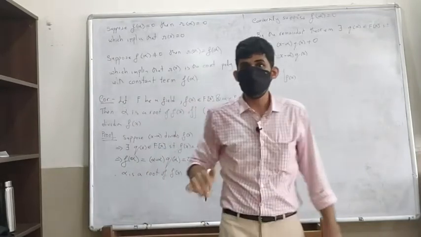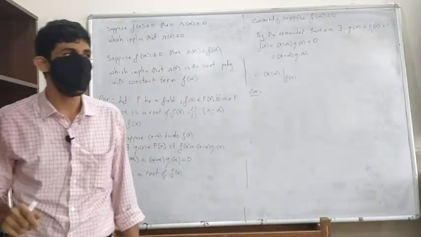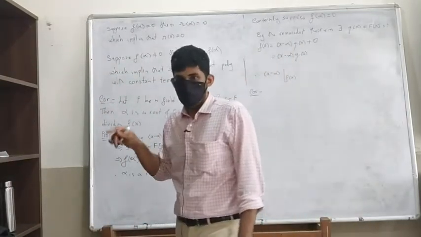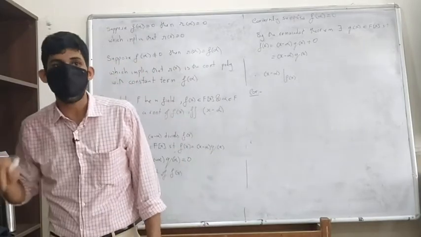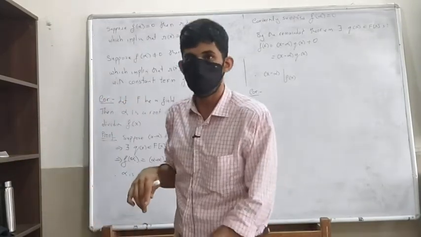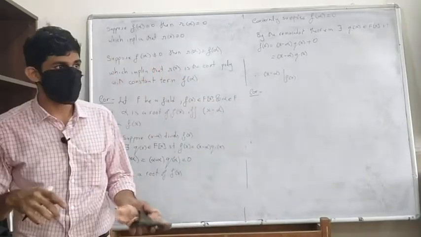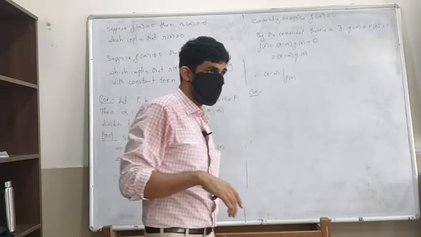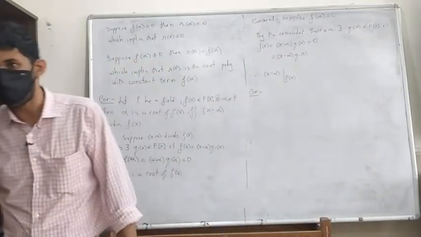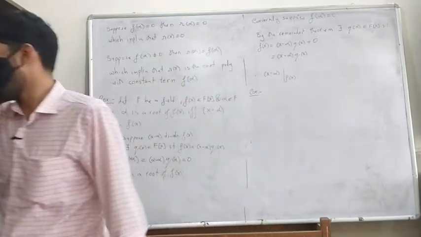What I am attempting at proving is that if you have a polynomial of degree n, up to multiplicity, it can have at most n roots. You all are familiar with this in R and C. Okay, that's what we are trying to prove. So that's why this works.